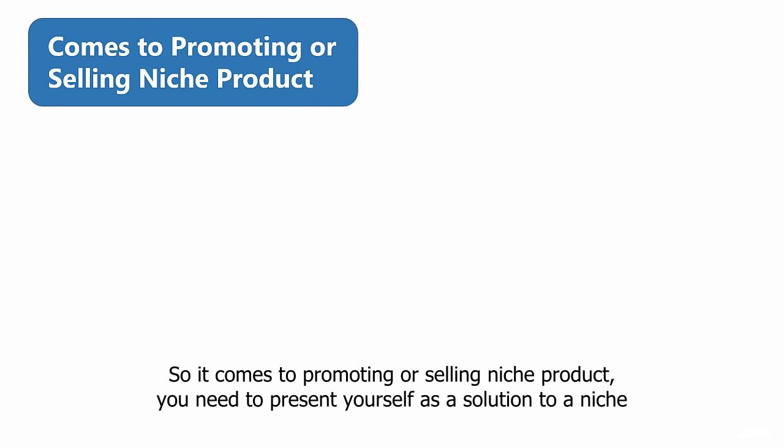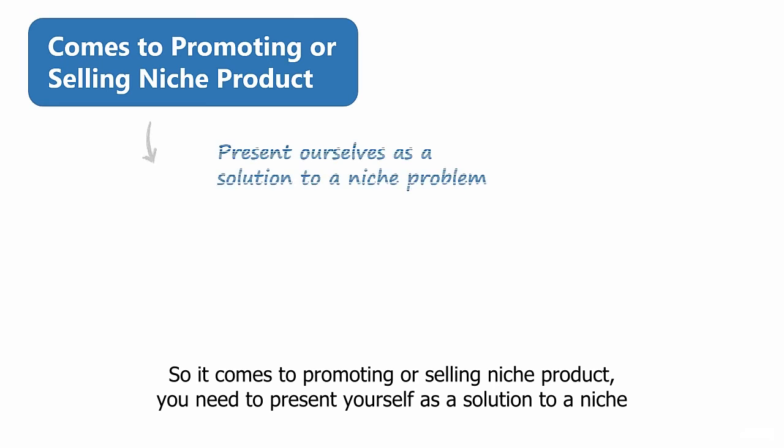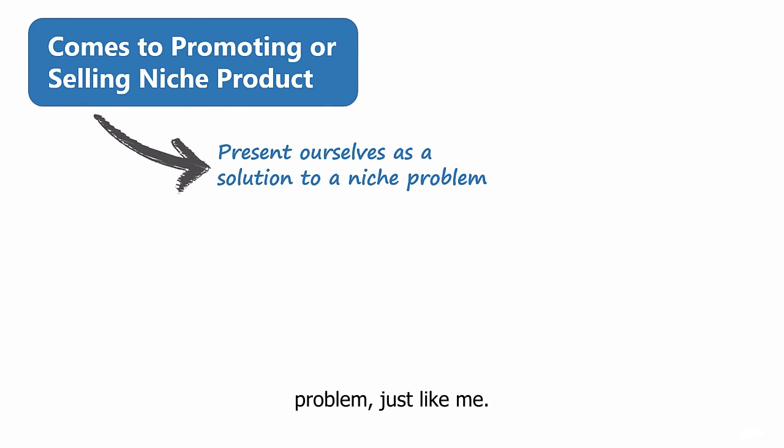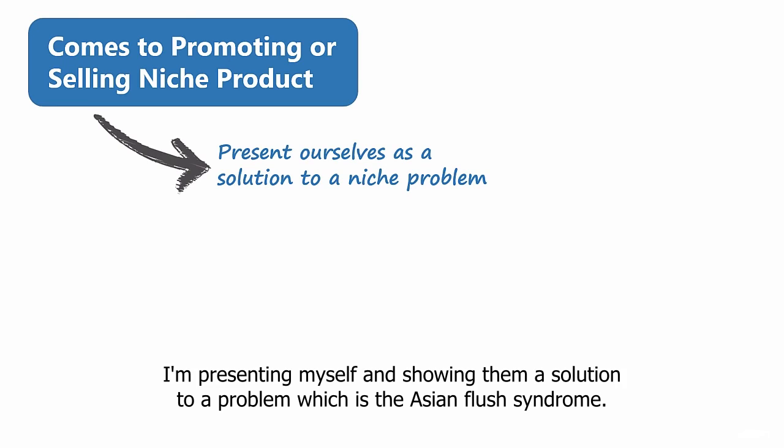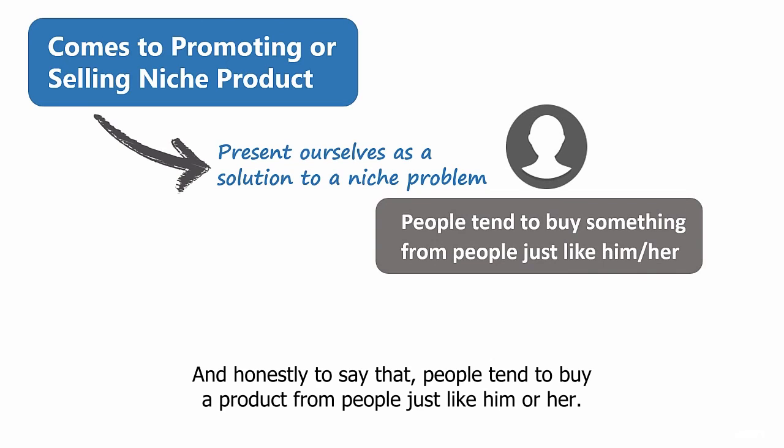So when it comes to promoting or selling a niche product, you need to present yourself as a solution to a niche problem. Just like me, I'm presenting myself and showing them a solution to a niche problem, which is the Asian flush syndrome. And honestly, people tend to buy a product from people just like them.